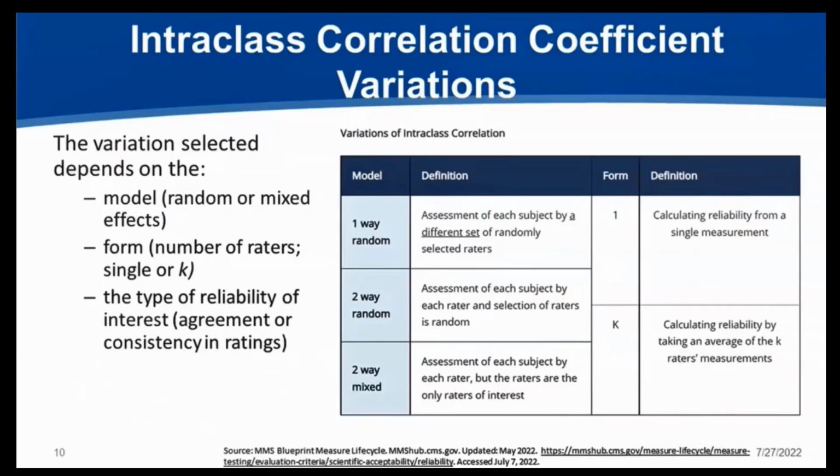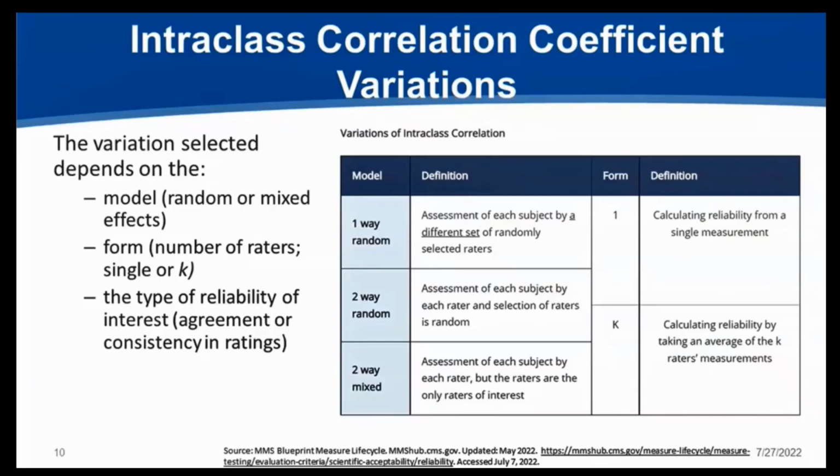So here's a table that summarizes the different types down to something more concise. There is the type of model, so you may have a random or mixed effects model, and then the form is the number of raters. In some cases, you may only have one rater for each of your subjects, or you may have multiple raters, and so that is the form.